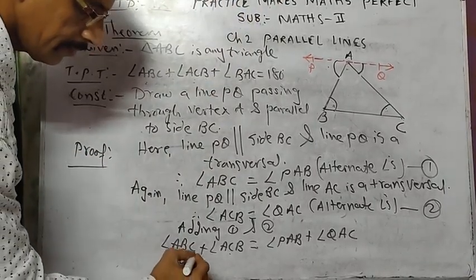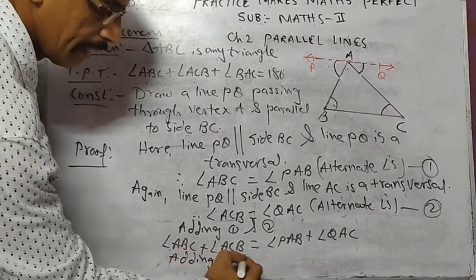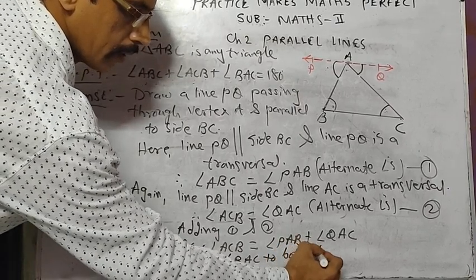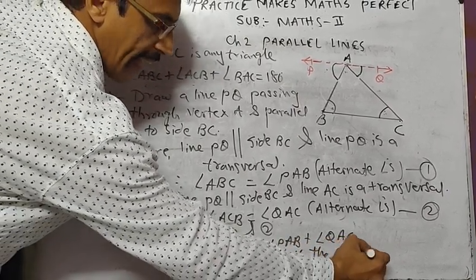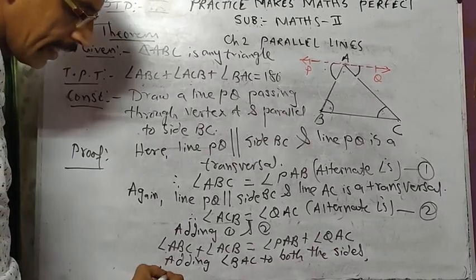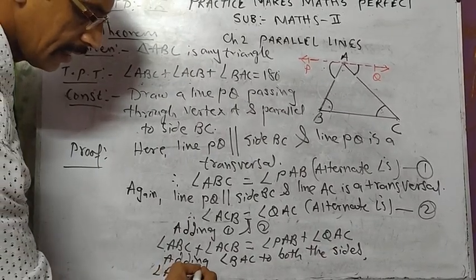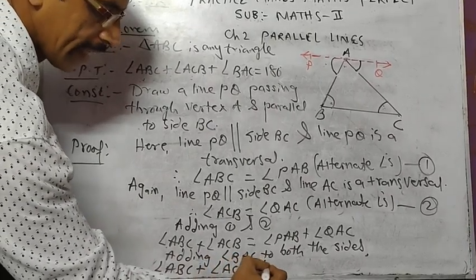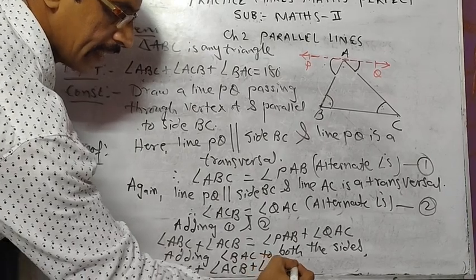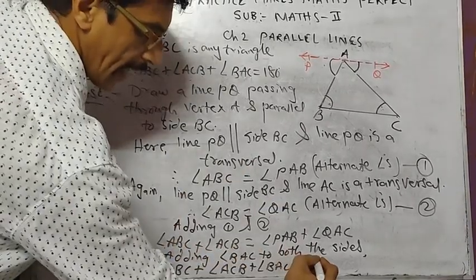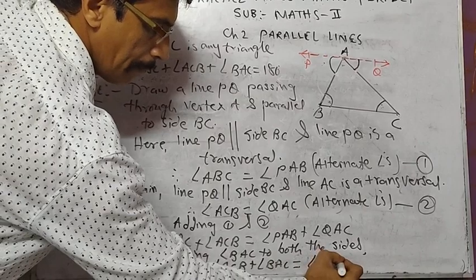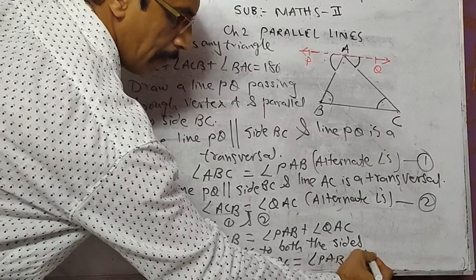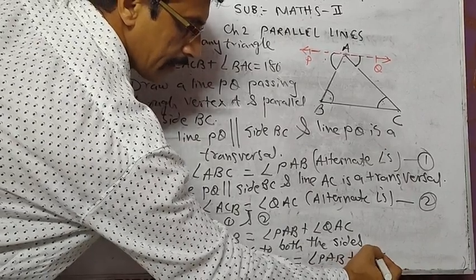Adding angle BAC to both the sides, angle ABC plus angle ACB plus angle BAC is equal to angle PAB plus angle BAC plus angle QAC.